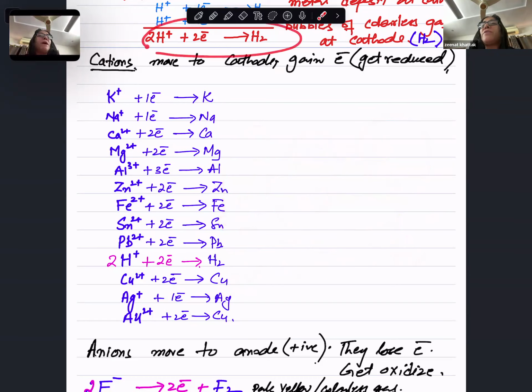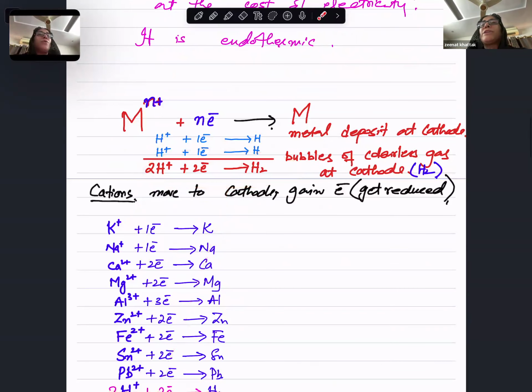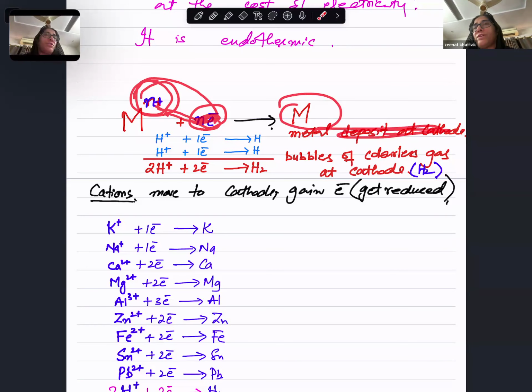It's explained above and written here. Whatever is the metal, it gains the number of electrons equal to its charge. It becomes the metal which deposits at cathode. And if it is hydrogen, then it would be hydrogen gas, bubbles of colorless gas.